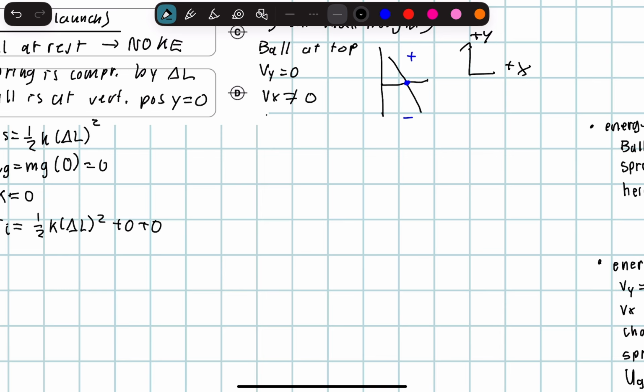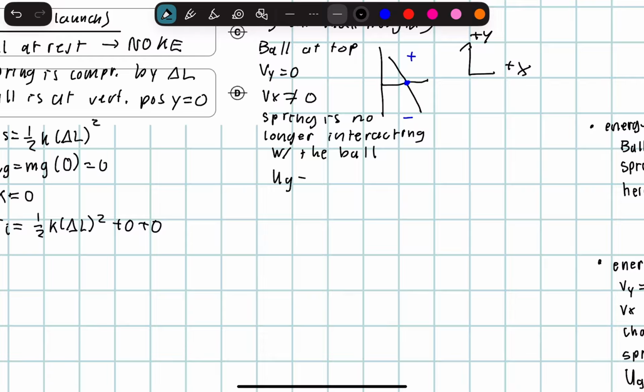We also know that the spring is no longer interacting with the ball, right? So now we can write the energies present at maximum height.